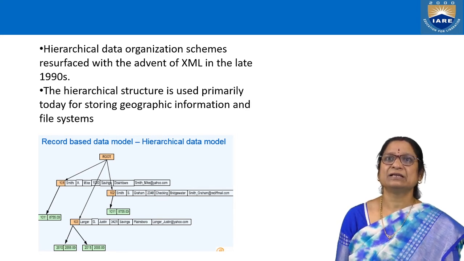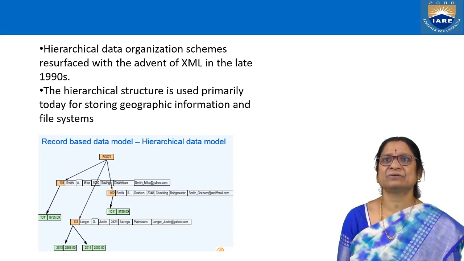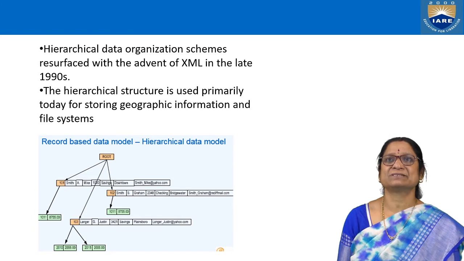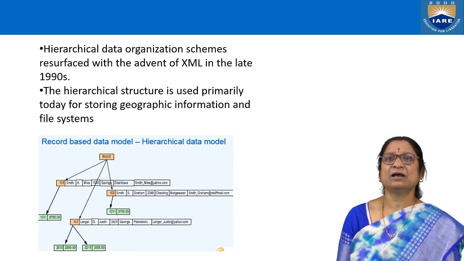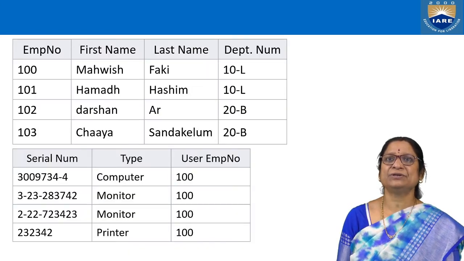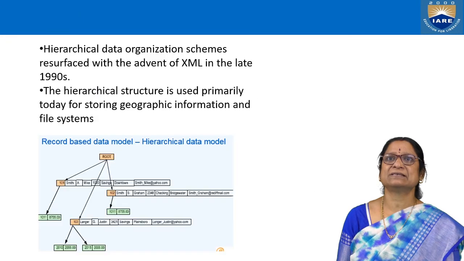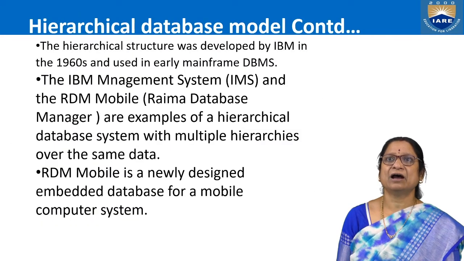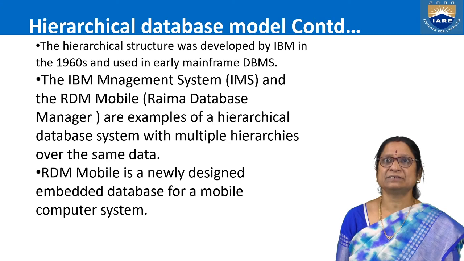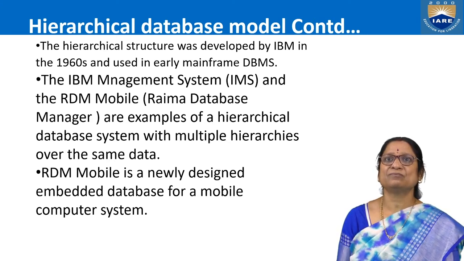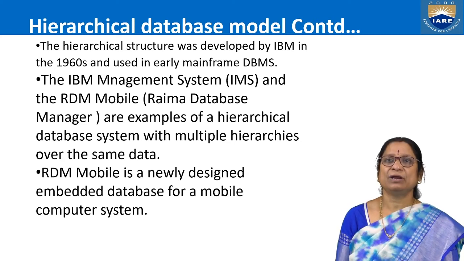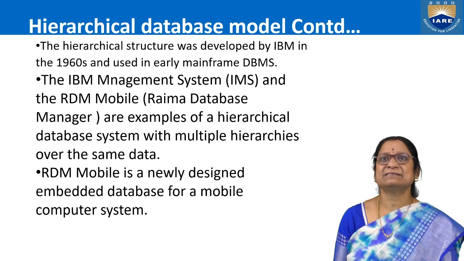This hierarchical structure is used primarily even today for storing geographical information systems and some other file systems. And also embedded systems. Just now I explained that the embedded system is considered as RDM. RDM stands for Raima Database Manager, which is an example of a hierarchical database management system based upon embedded database software.